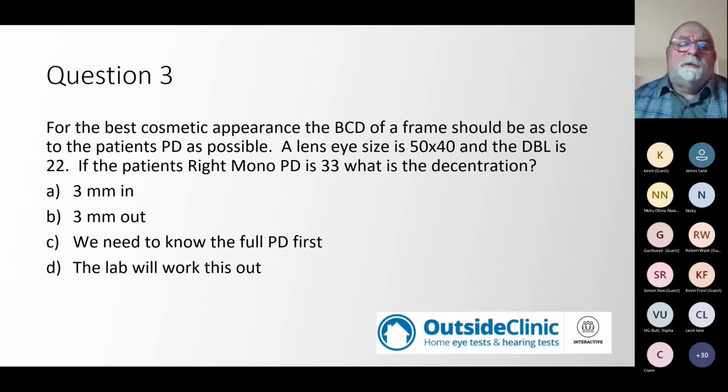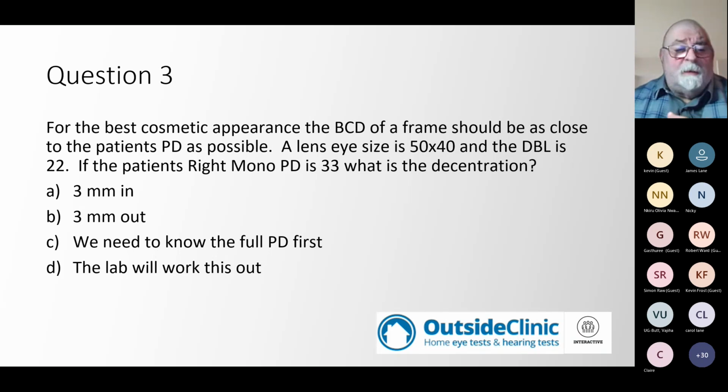Now, if we've got an aspheric lens, and huge amounts of decentration, we're going to see some of the asphericity at the edge of the lens, which can then cause small disturbances in the vision for the patient. What we'd like to do is keep the decentration as small as possible. In a perfect world, that's going to be 0.